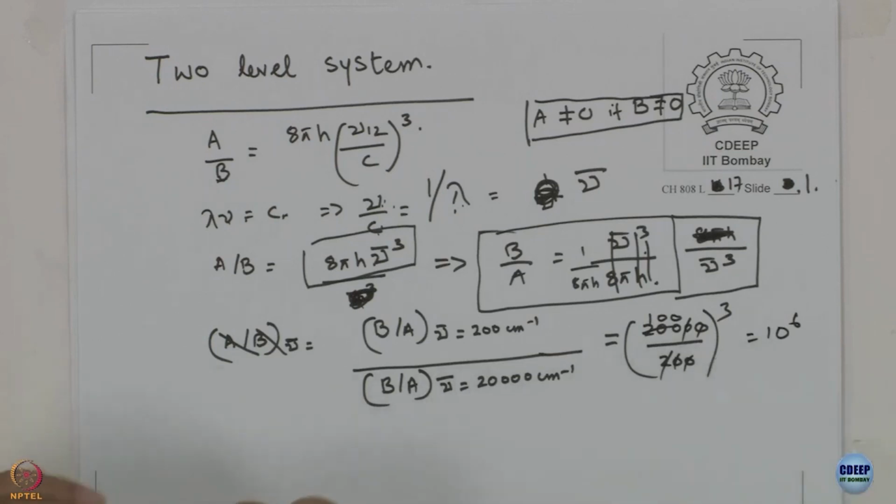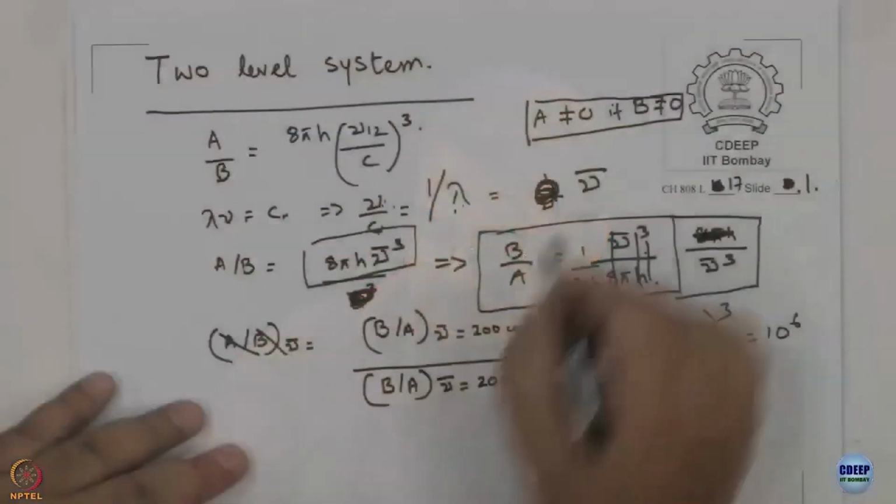So, if you want to make a laser whose wave number is 200 centimeter inverse, and if you want to make a laser whose wave number is 20,000 centimeter inverse, which one will be easier? Definitely the 200 centimeter inverse one, because the B by A ratio there is 10 to the power 6 times that of the B by A ratio for 20,000 centimeter inverse.